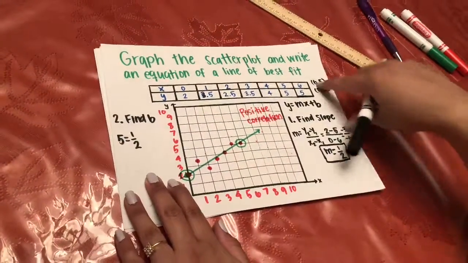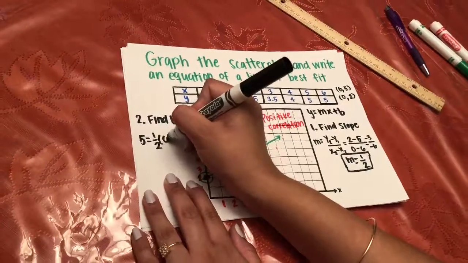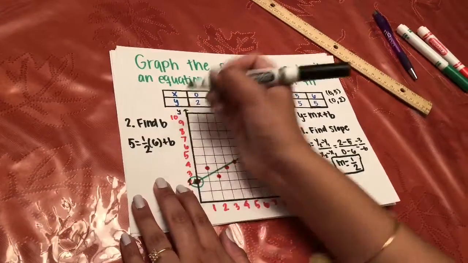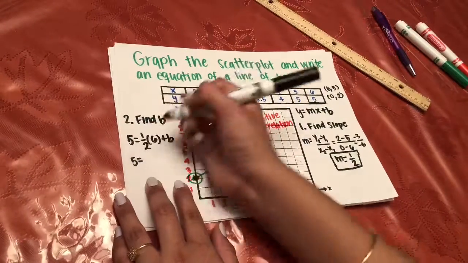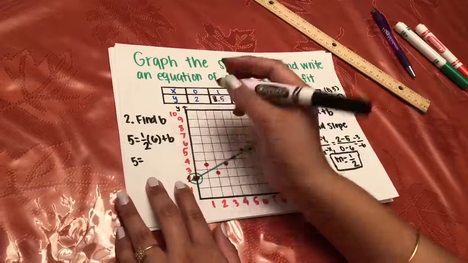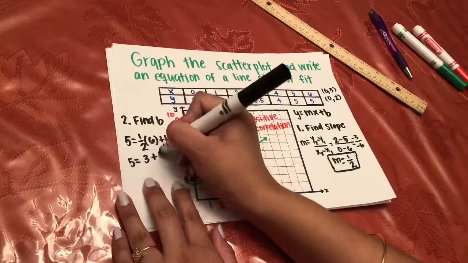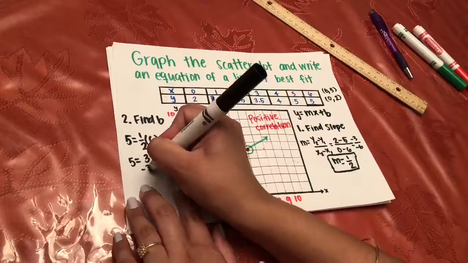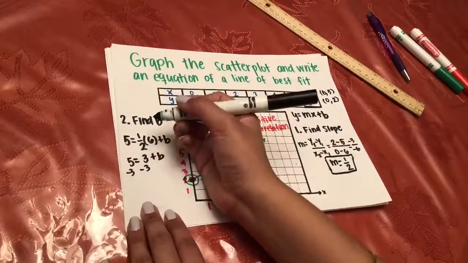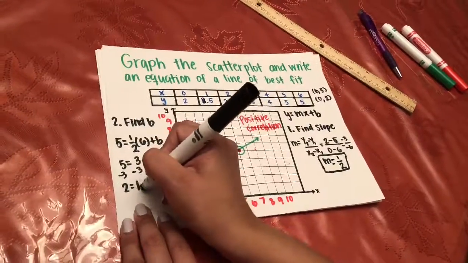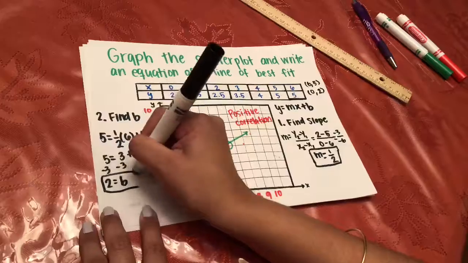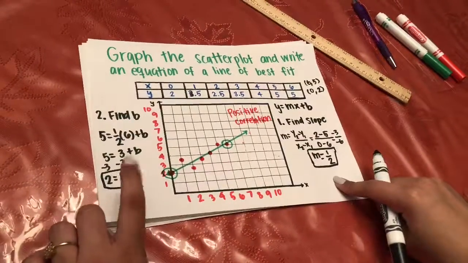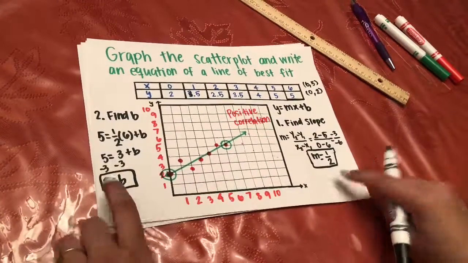My x value is 6, so times 6, and then plus b, and I'm solving for b. So that leaves me with 5 equals 1/2 times 6, which is 3, plus b. Subtract 3 on both sides, and that leaves me with 2 equals b. And now I have my b. So I have my slope and my y-intercept.